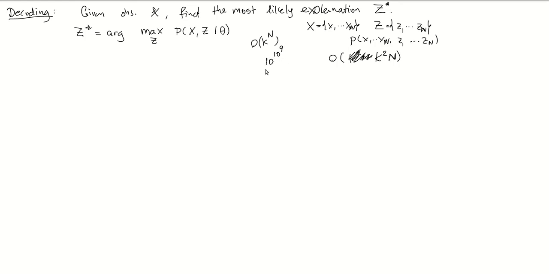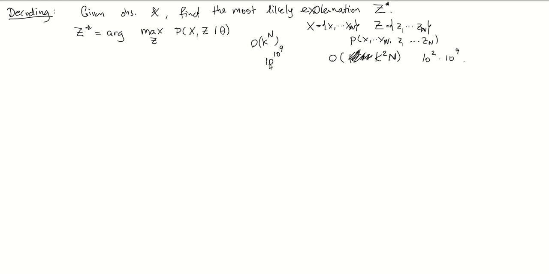You could get really large numbers here. K to the N would never happen, it's not something you'd be able to compute on a computer, while the efficient one might be doable if you have a lot of computing power. Maybe not 10 to the 9th, but something large.